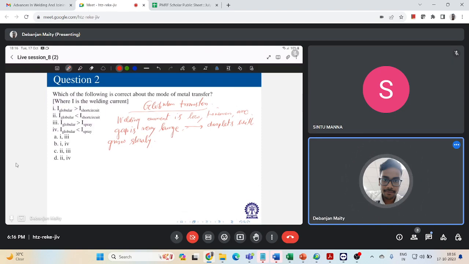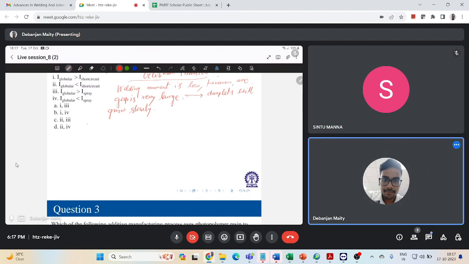The depth of penetration, the stability of the weld pool, and the amount of spatter loss depend to a large extent on the mode of metal transfer from the consumable electrode. So, what are the various forces that cause the transfer of metal into the weld pool? The mode of metal transfer depends on the interaction of these forces, and that governs the ability of welding in various positions.